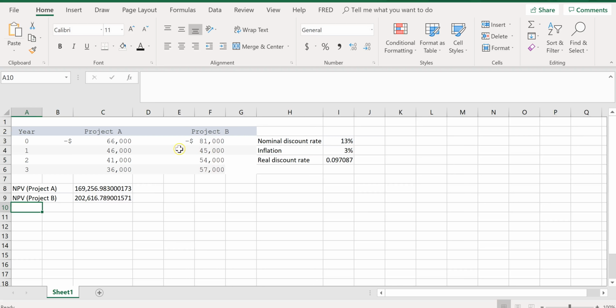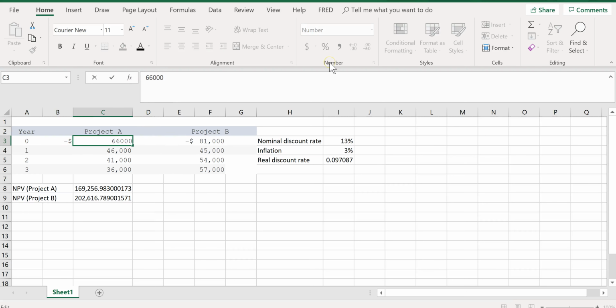Because you can see why I add, because the cash flows already has the, no, actually I should, this negative is in a different cell. What I should do is to add a negative here.